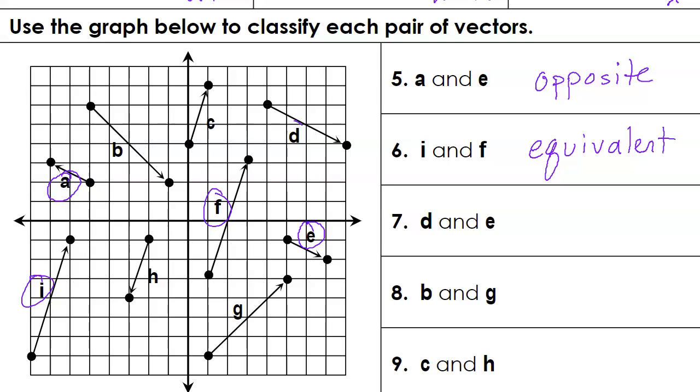What about D and E? These ones are just parallel. What about B and G?